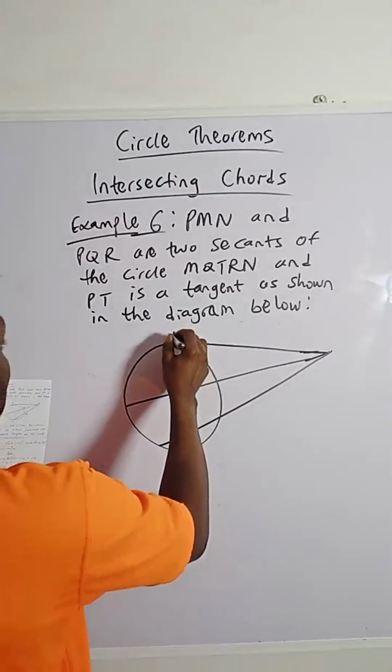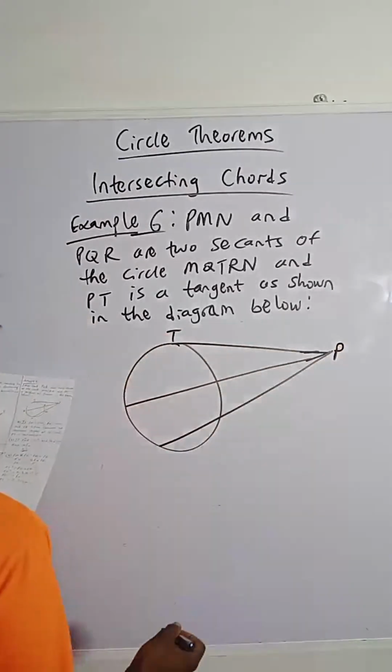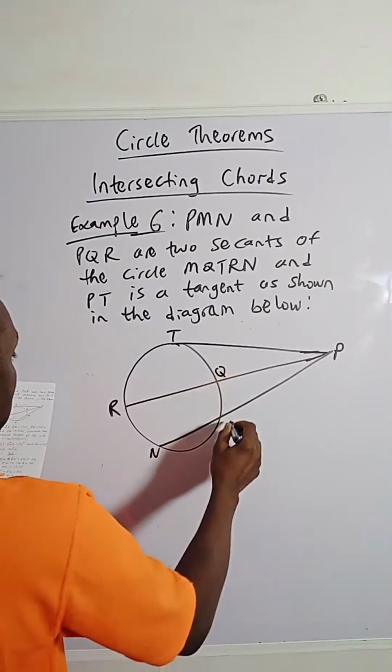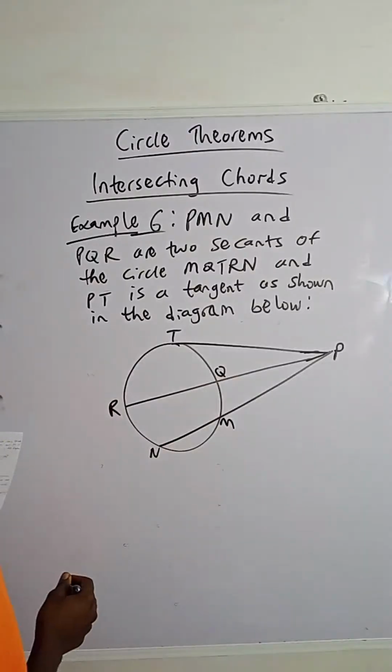Okay, now we have a tangent and 2 secants. Interesting. This is R, this is Q, this is N, this is M. All right.